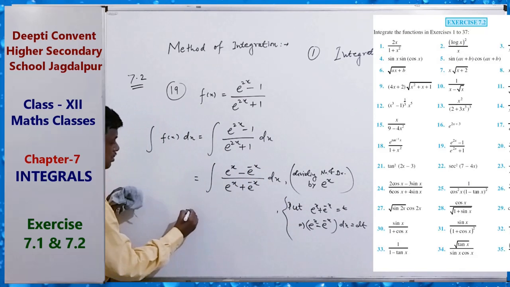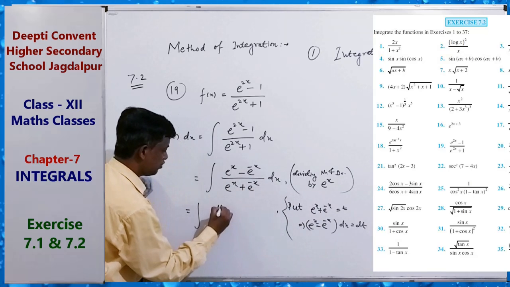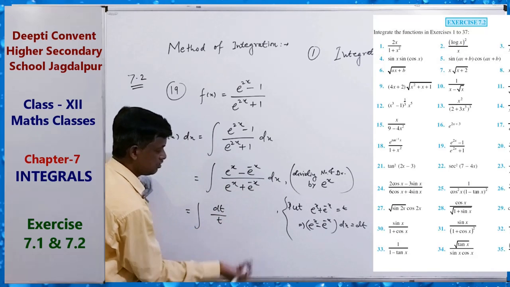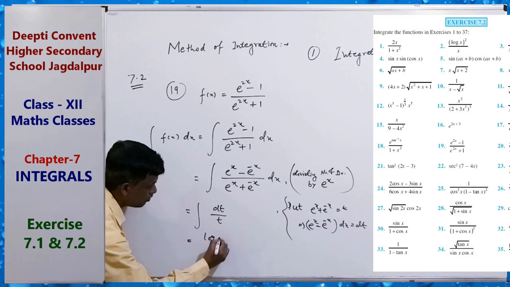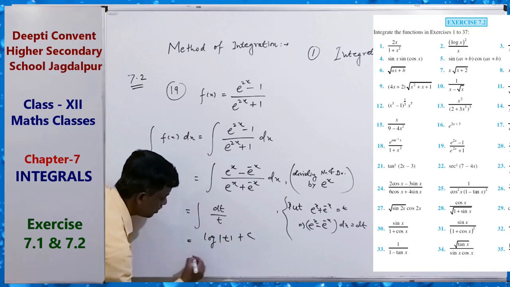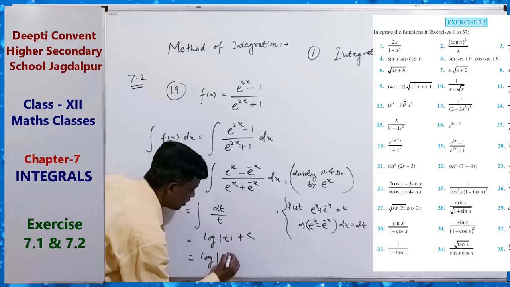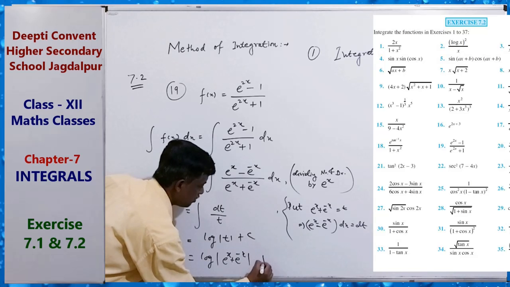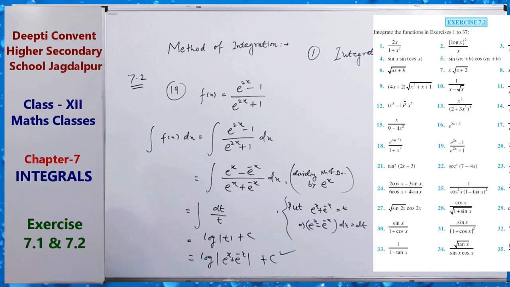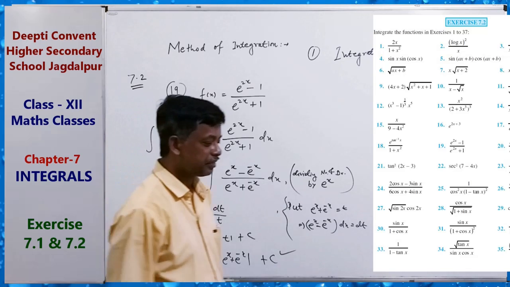So put it here: dt upon t. Solve it: log of mod t plus c. In place of t, log of e to the power x plus e to the power minus x plus c. This is the solution. So convert like this.